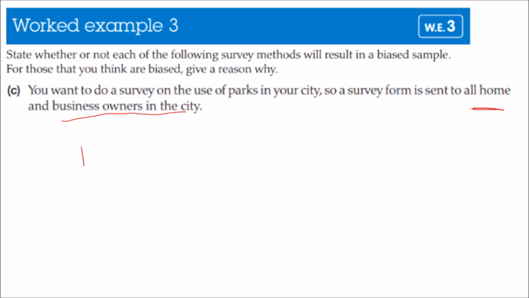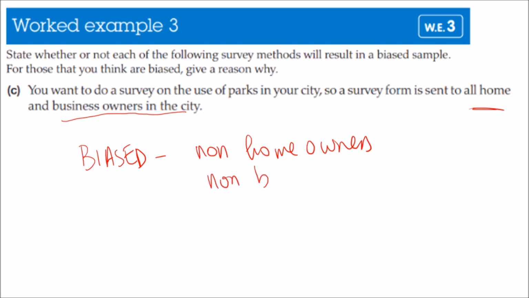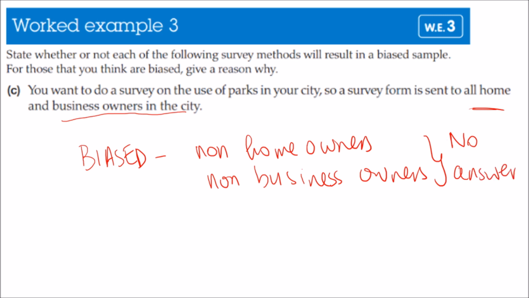This is also biased because there are people that don't own a home, non-home owners, or non-business owners that can't answer the survey. And also it's relying on people to return it, which means only certain people will respond to the survey.